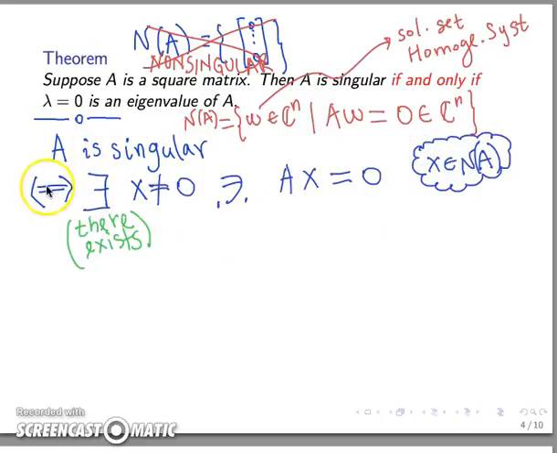Okay, so A is not singular if and only if there is a non-trivial member of the null space of the matrix, and that means that A times X equals 0.